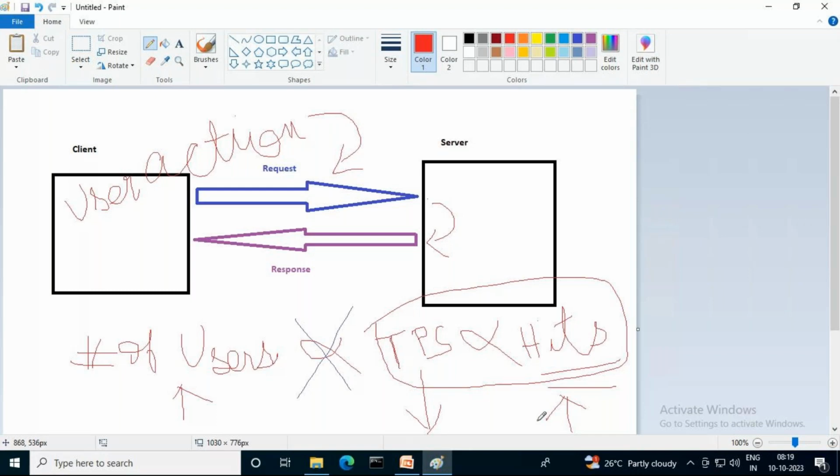Bad for you. Bad means like the server is not able to handle that much of load. That's why the TPS is decreasing. Okay. I will answer it in a different way. I will say that it is good for me. Why, you know? It is bad for the application, but as a performance test engineer, it is good for me because it is my job to find out bottlenecks.